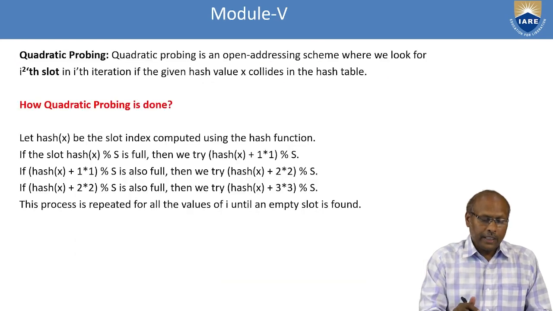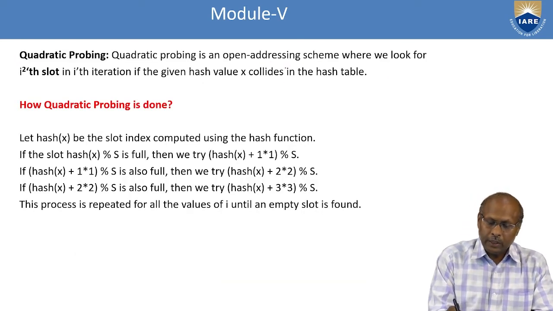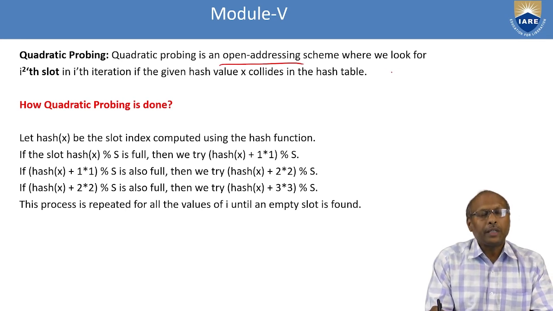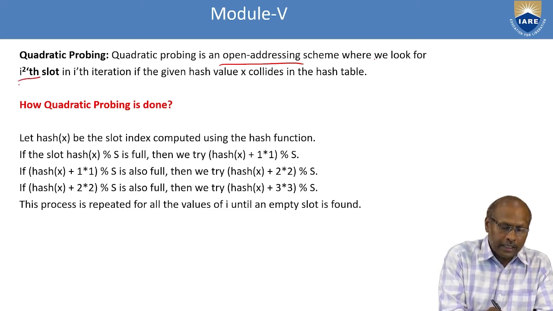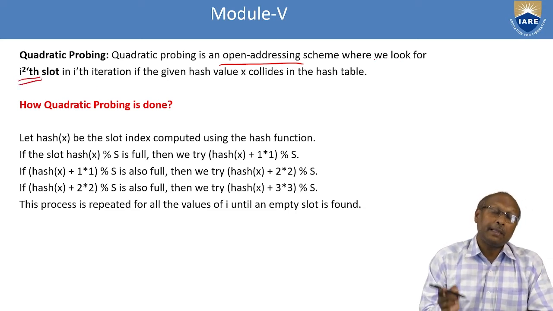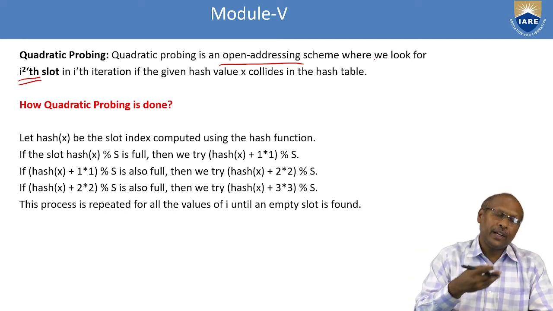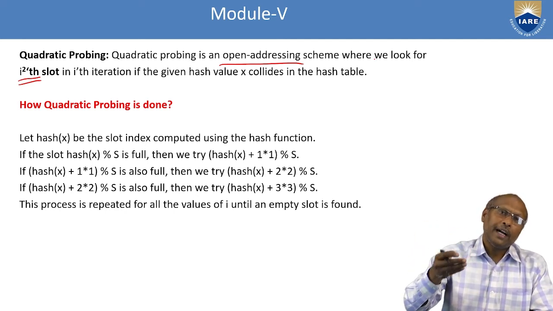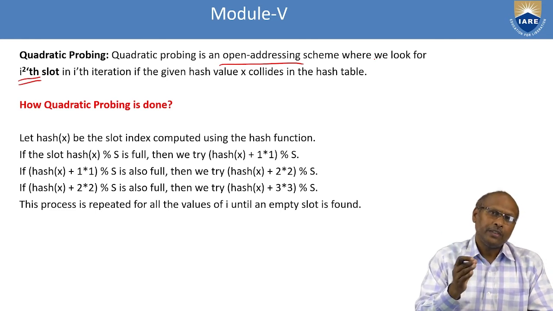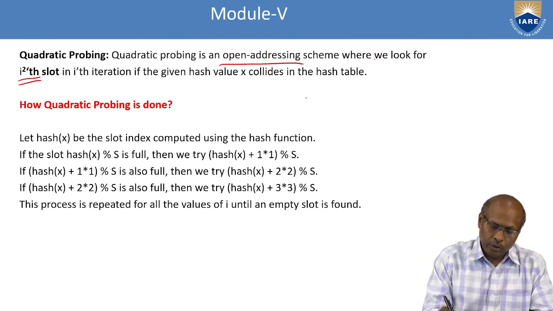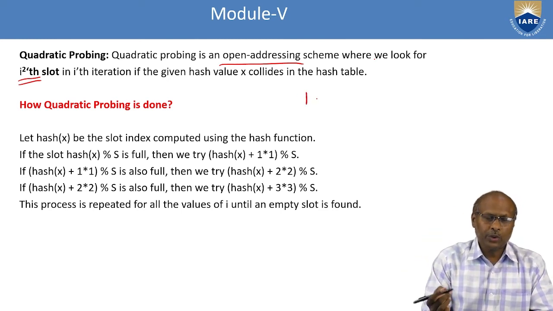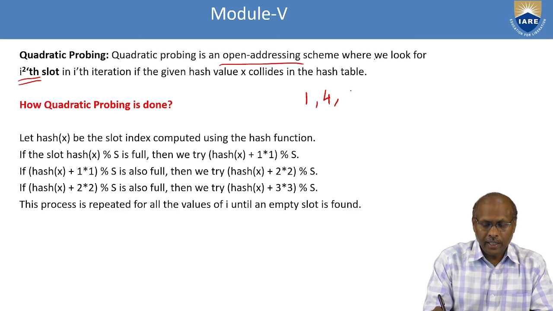Next, quadratic probing. What is quadratic probing? Quadratic probing is also an open addressing scheme, also one type of collision resolving technique. And here we look for the i square slot. That means in the case of linear probing, you are checking in sequential order. Whereas here, instead of checking sequentially, you go to the i squared place directly. 0 square is 0, same thing, so we will not check. 1 square, 1. 2 square, 4. 3 square, 9. 4 square, 16.